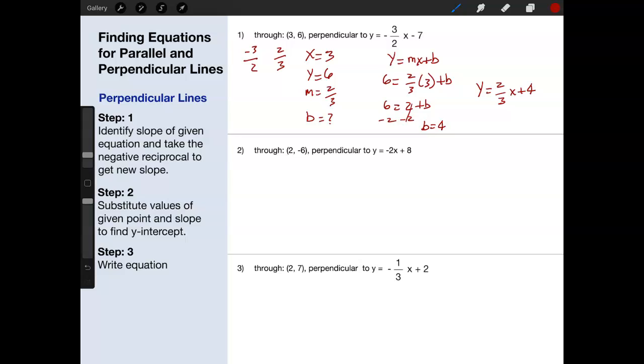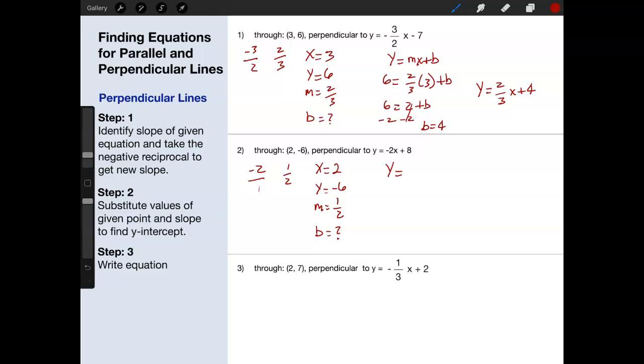Example number 2, write a line perpendicular to y equals negative 2x plus 8 and passing through point (2, negative 6). Once again, I write down my existing slope and take the negative reciprocal. The negative reciprocal of negative 2 over 1 is positive 1 over 2. We list our given information. X equals 2, y equals negative 6. Our slope is 1/2. We want to find our new y-intercept.